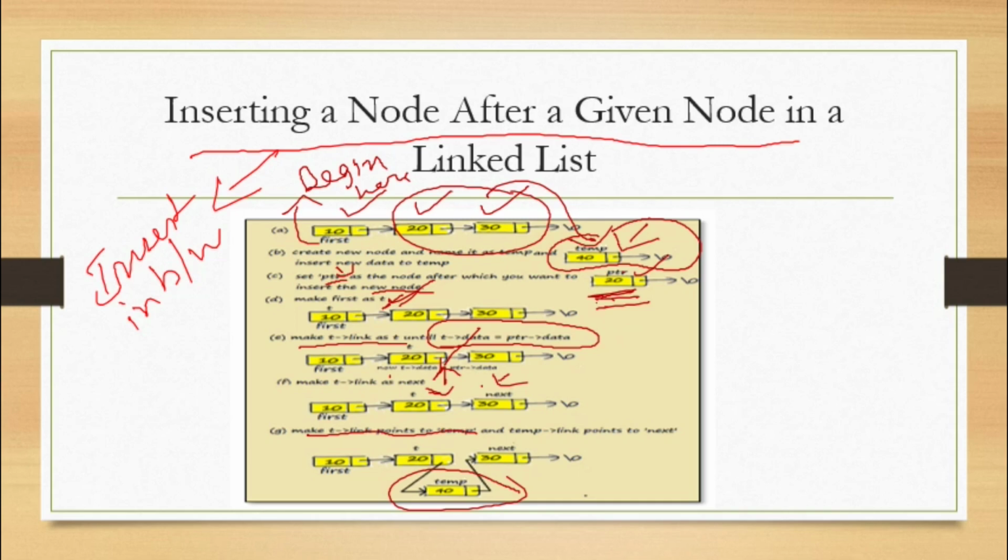When you do this, it will come and get attached here, and temp of link points to next. When you do this, it will point here. So the connection is created now. That is how you create a node in between.